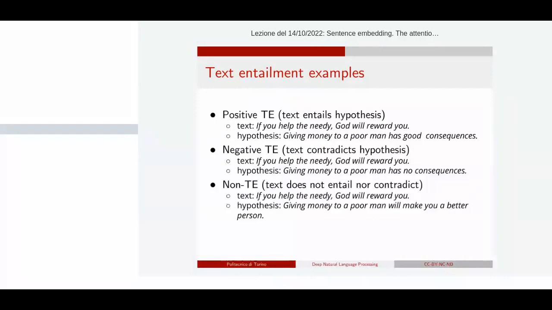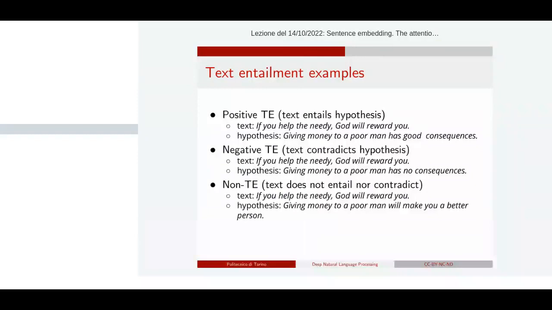This is the hypothesis. The text is a contradiction: No, if you help the needy, God will reward you. So it's a kind of semantic mapping between two sentences, and it's a directed relationship, not undirected, because you know that one is the hypothesis and one is the consequence.